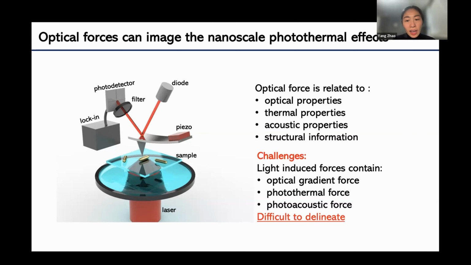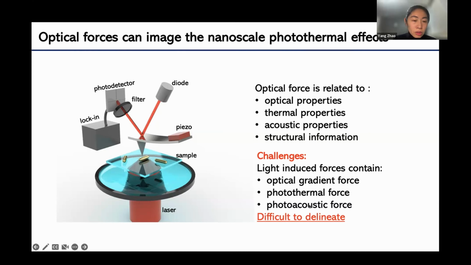We recently realized that while we were doing this study, the optical force is not just the radiation pressure and optical gradient force, especially for plasmonic nanoparticles. These light matter interactions also contain a photothermal force, because your measurement is built upon these near field interactions. If you have a pulsed light, you can also create a stress onto the cantilever.